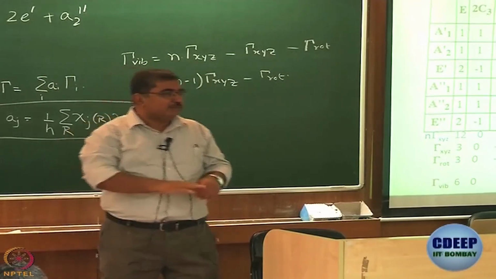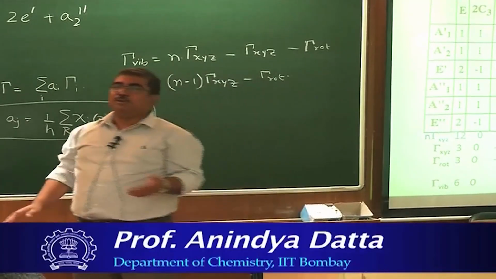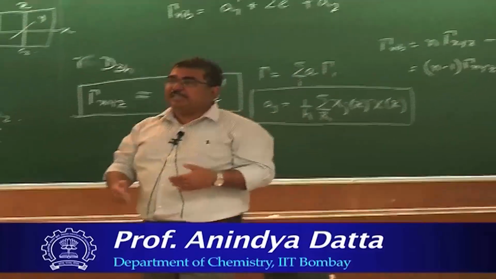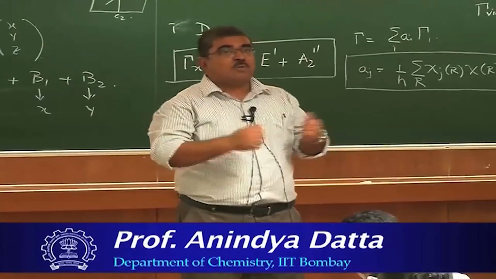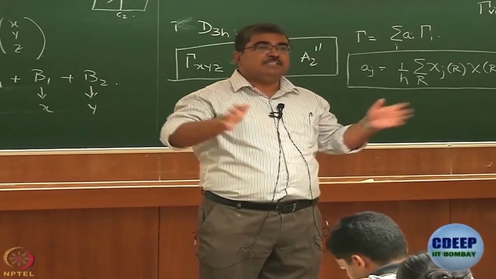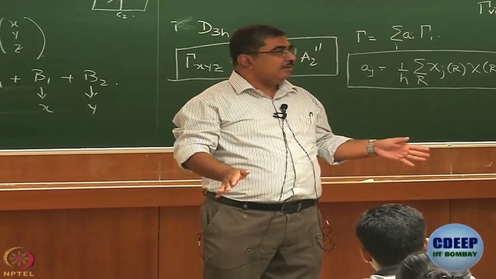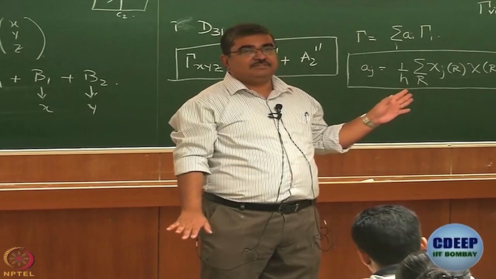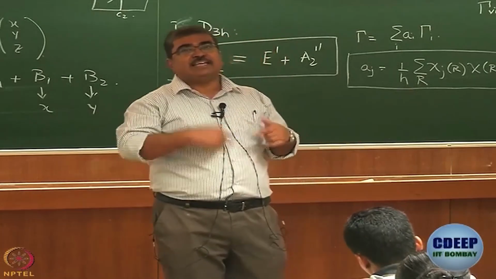Okay? So, this is where we have got so far. Next thing we want to know is, can we now say a little bit about what kind of molecular vibration, which bond stretch, which bend, has what kind of symmetry. That is what we will take in the next part of the discussion.